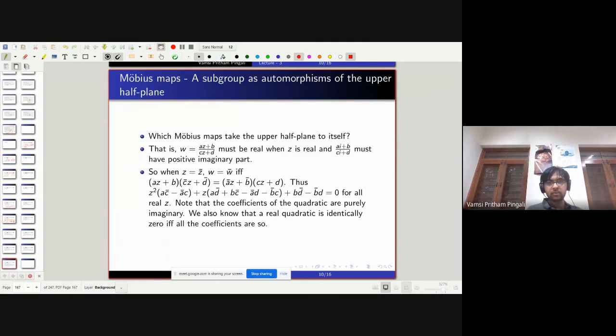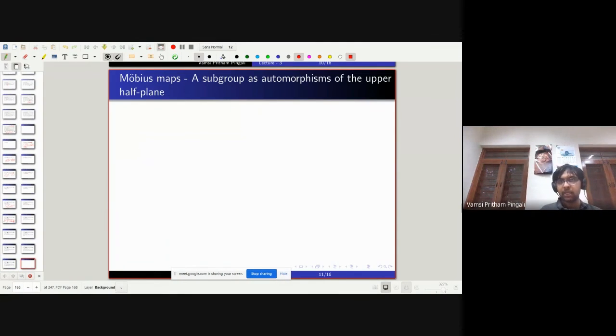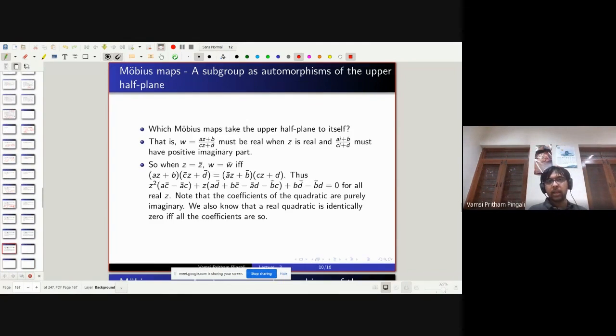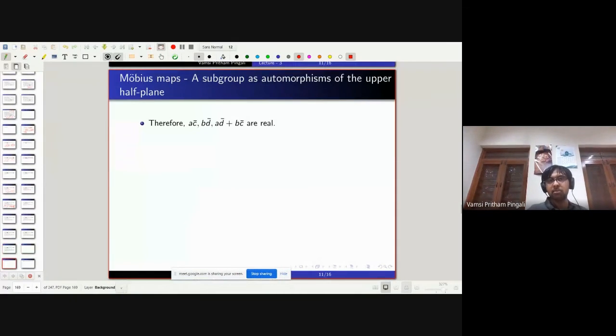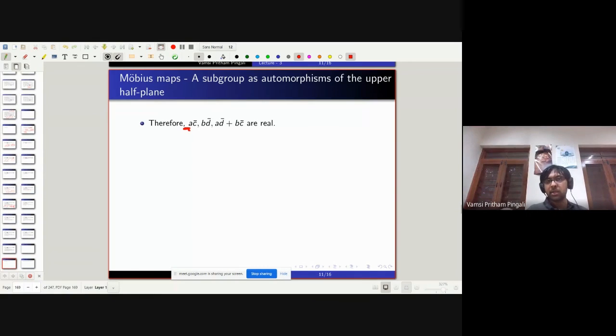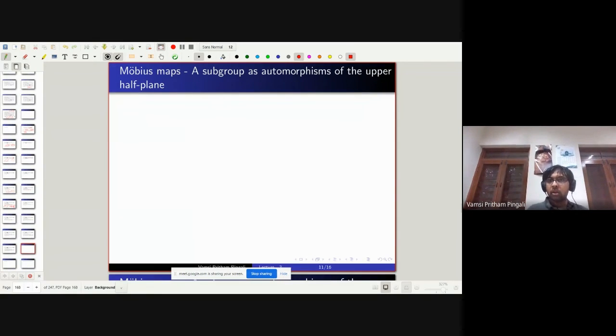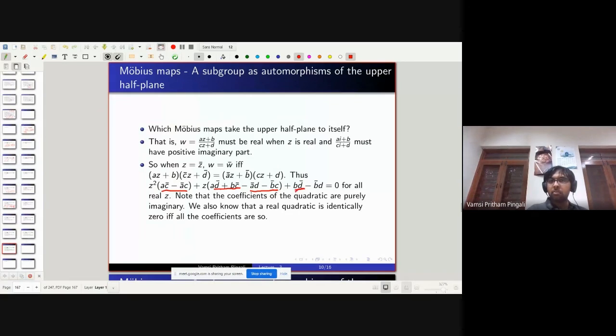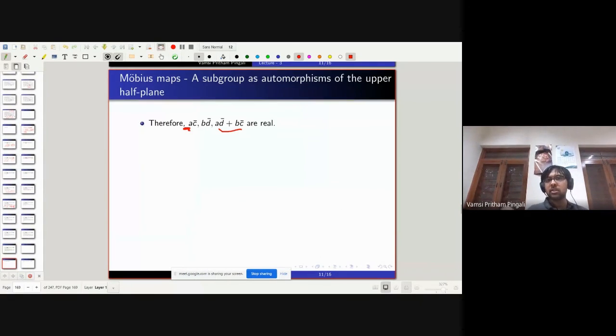That means A C bar equals A bar C, so A C bar is real. A D bar plus B C bar equals A bar D plus B bar C, which means this is real. And B D bar equals B bar D, so this is also real.